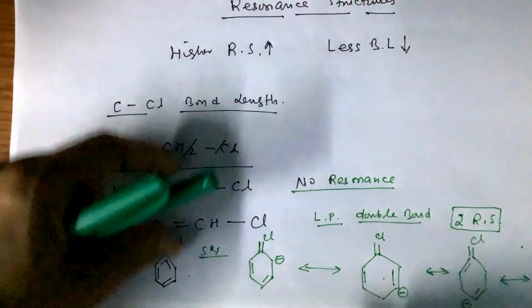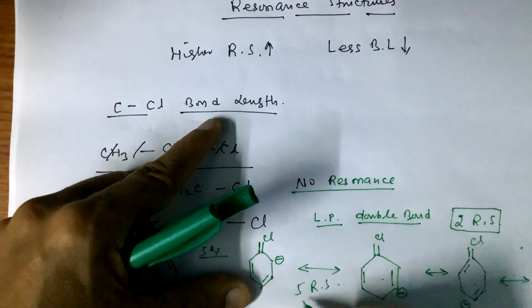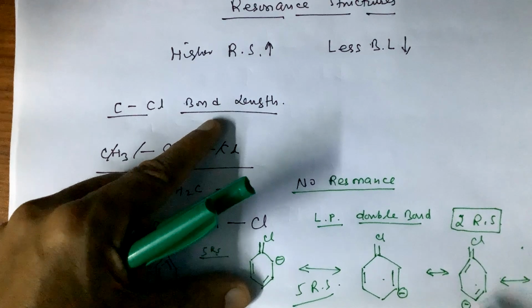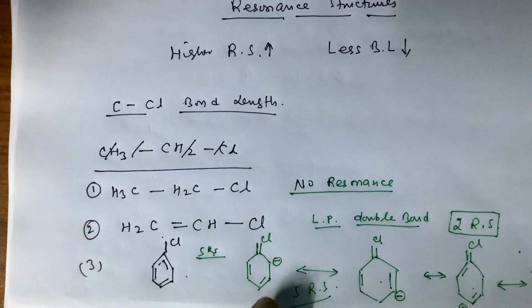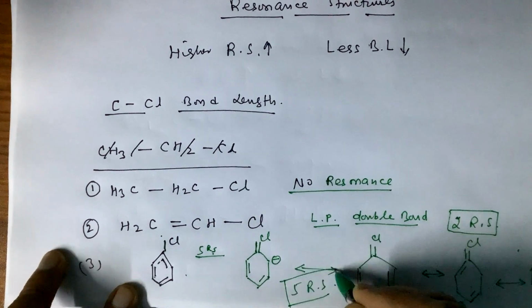So these are 1, 2, 3, 4, 5. 5 resonance structures here, and the negative charge going on this way. So 5 resonance structures.